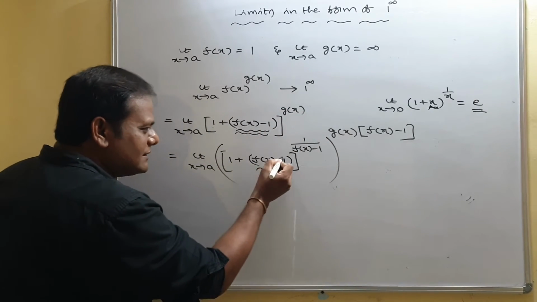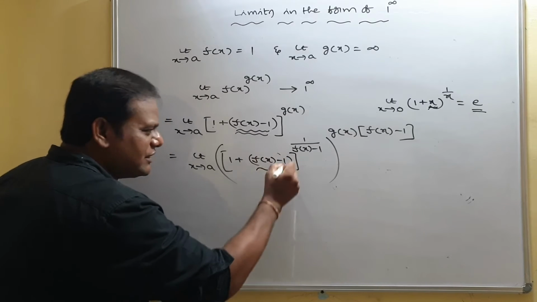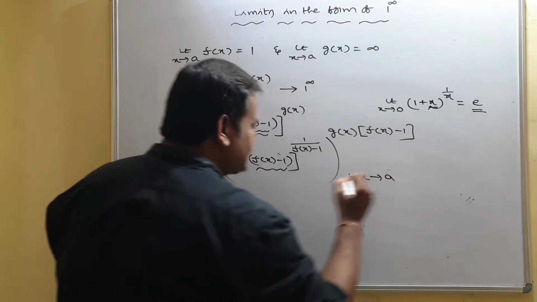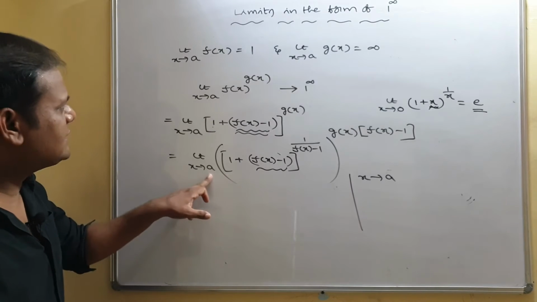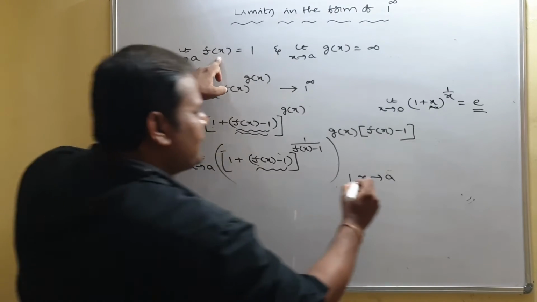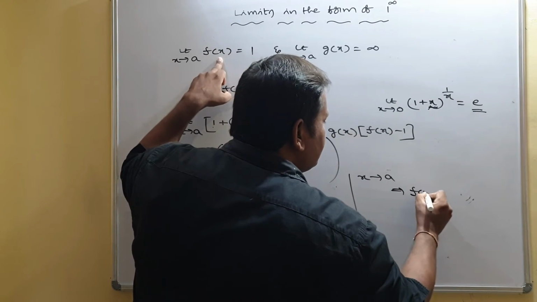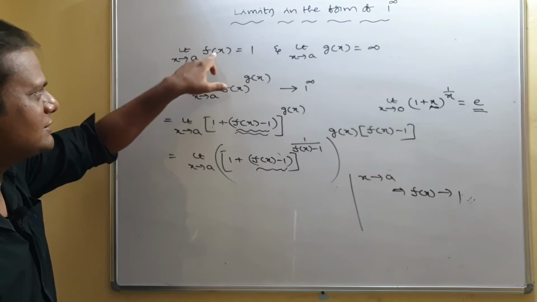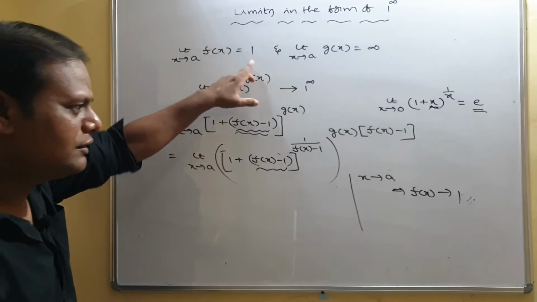Here, is f of x minus 1 approaching 0? Yes. If x approaches a, f of x approaches 1, since we have already taken limit x tends to a f of x equal to 1.